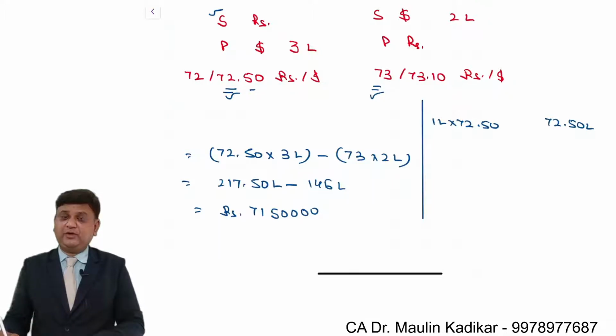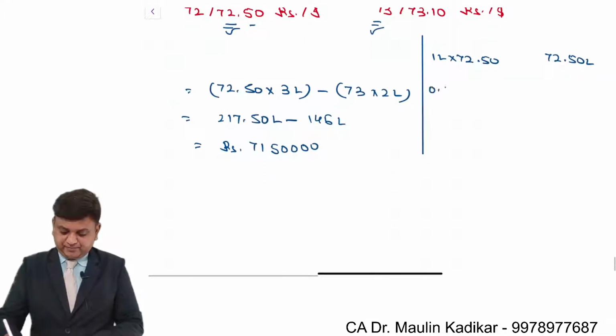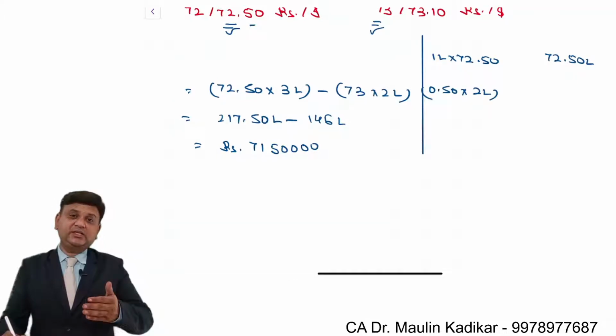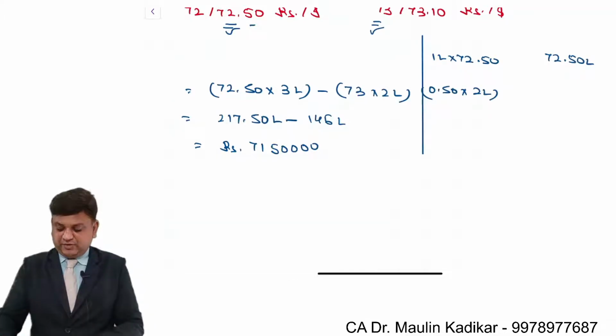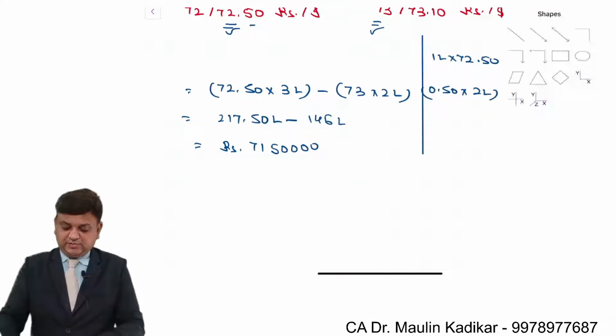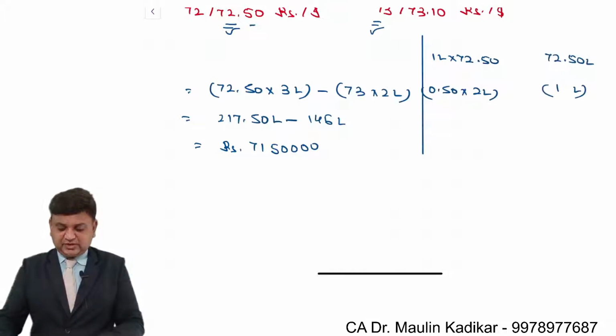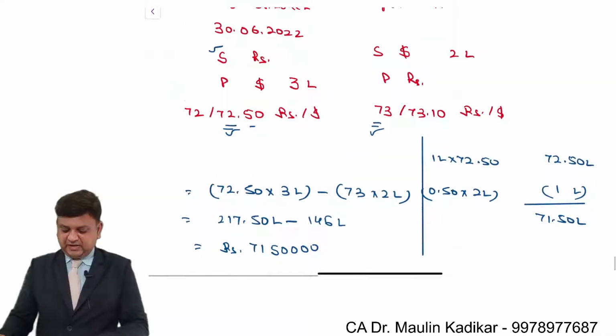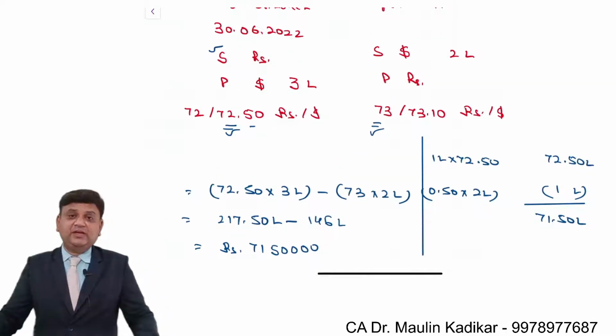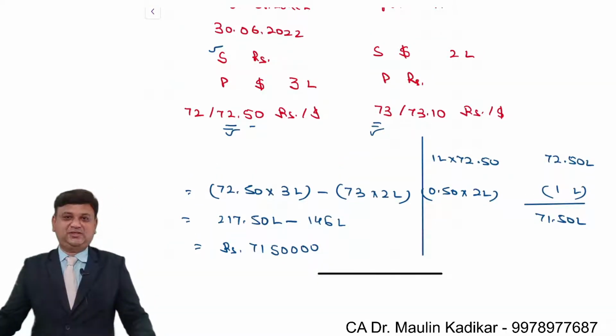So you make a profit of 50 paise into 2 lakhs. So there is a profit on cancellation of this $2 lakh that reduces your cost from 72.5 to 71.5. This is the way we understand and see we are having effectively reduction in the cost.